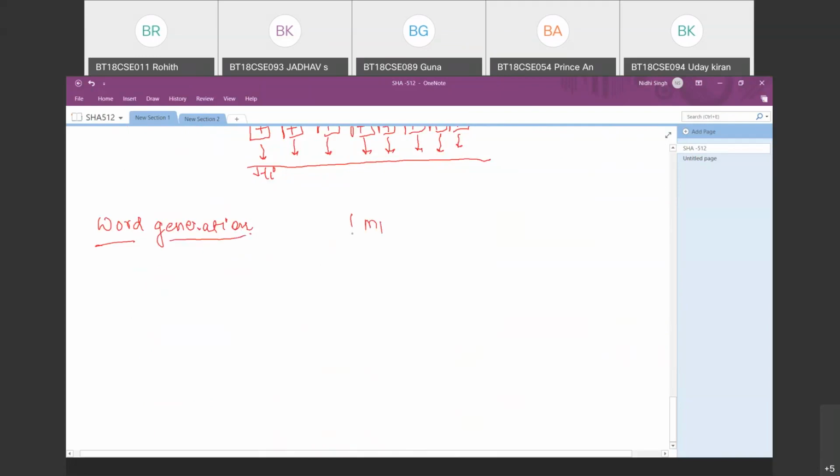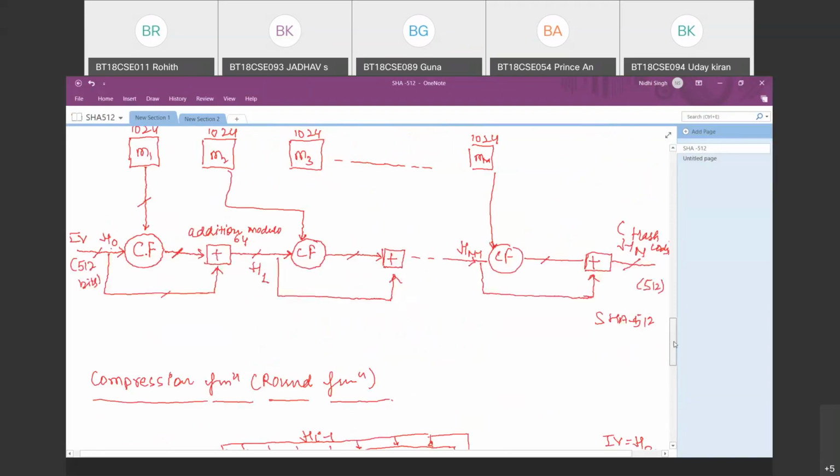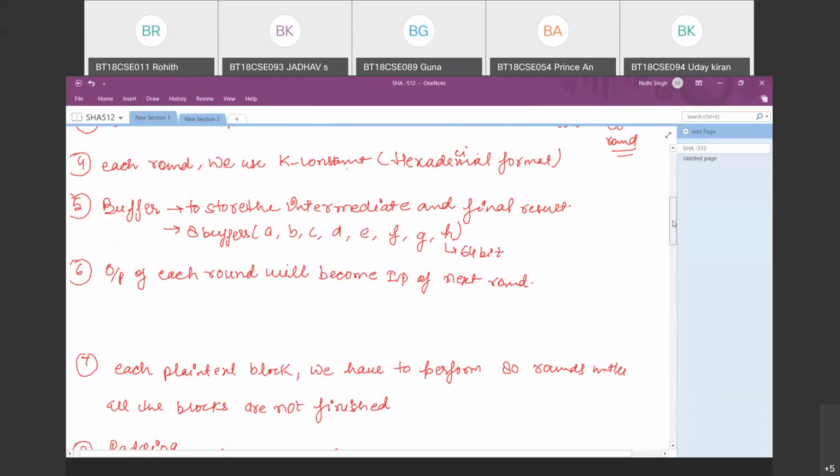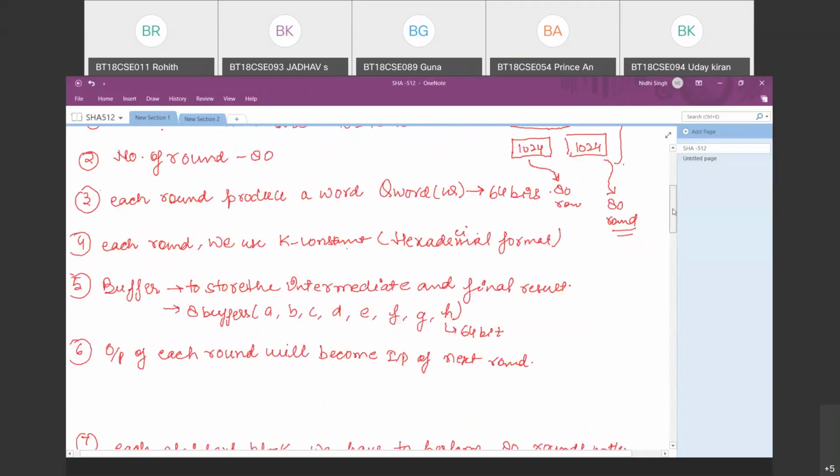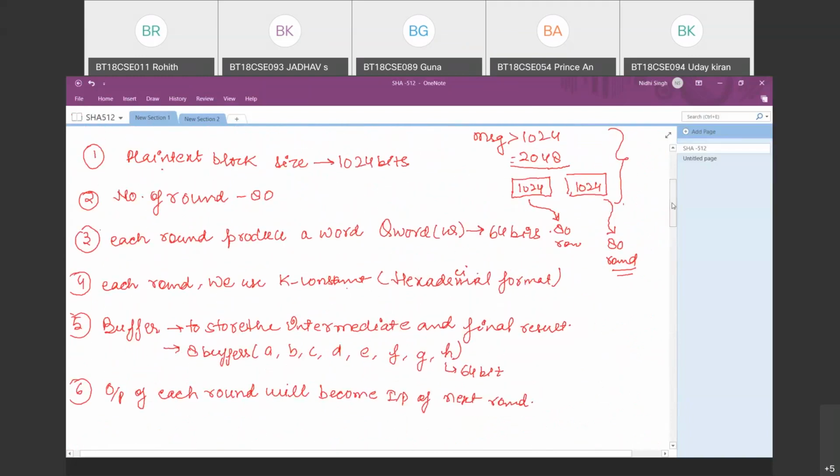So this is my M1. My M1 is 1024 bits. Now from this 1024, each word is of 64 bits. I had written it above. 64 bits.